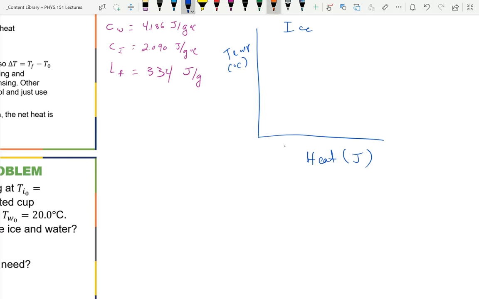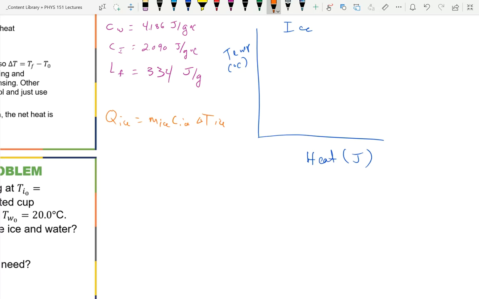And so initially you're going to have Q ice is equal to m ice c ice. Agree?